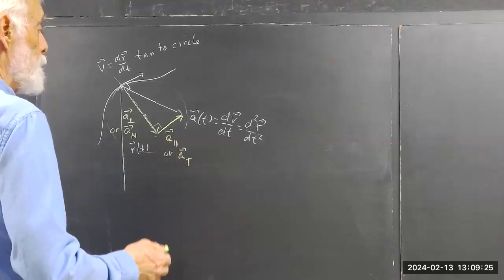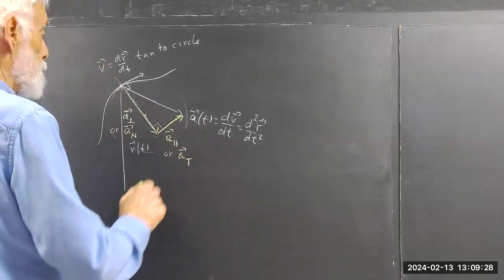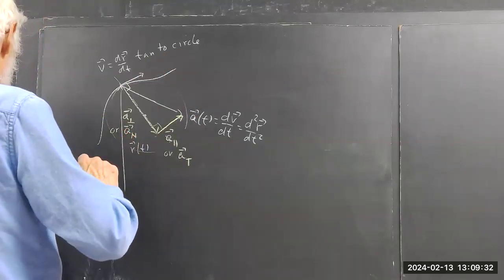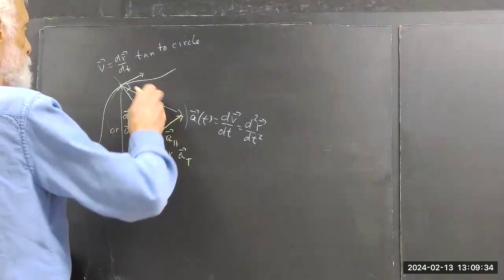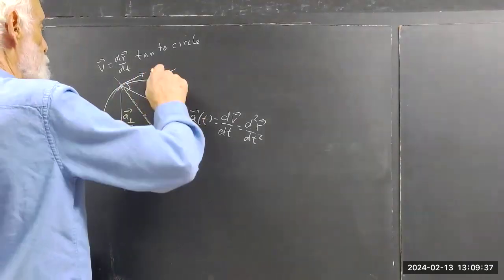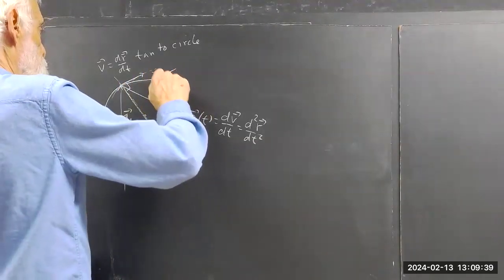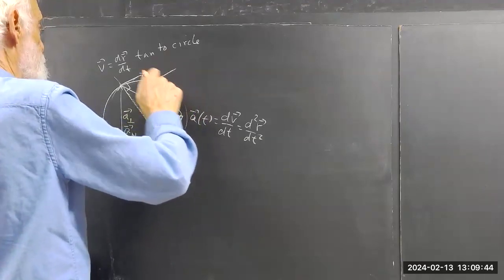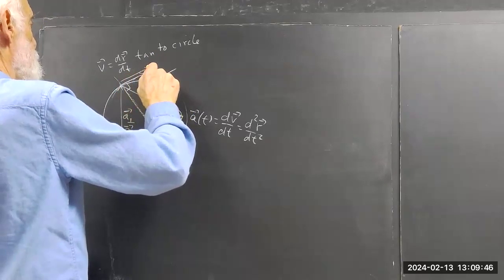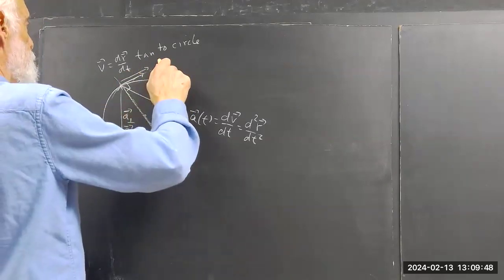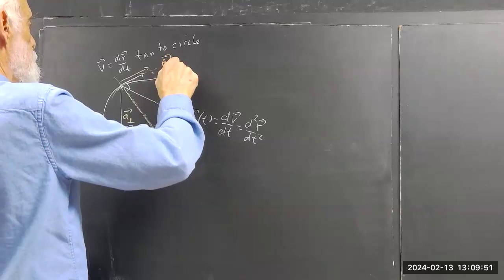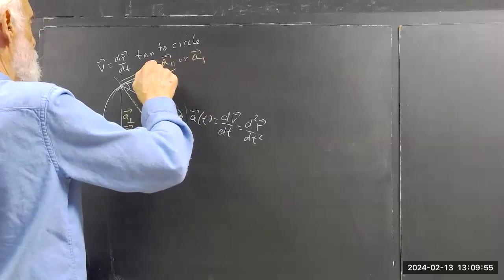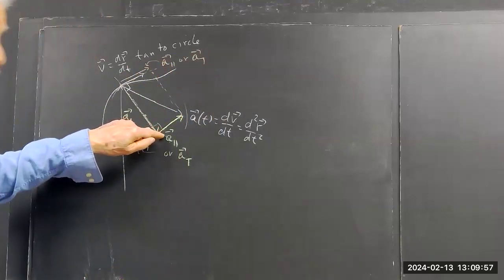If we calculate the velocity and the acceleration, then we know what this vector is, and we simply pick out this component. It's the same vector we get here.